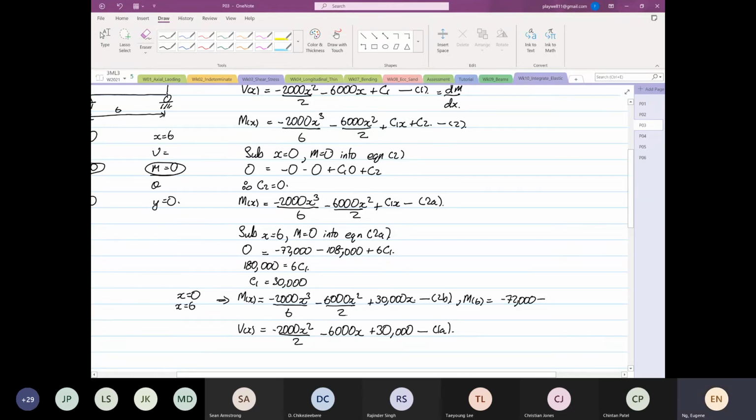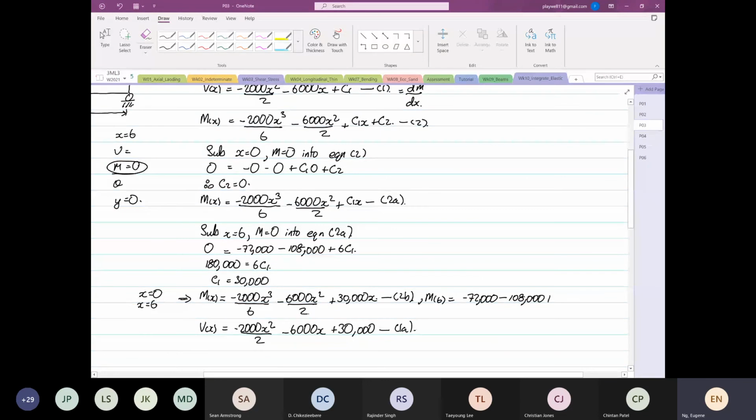And then minus 6,000 times 6 squared divided by 2, minus 108,000. And the final one is plus 30,000 times 6, equal to 180,000. So when you do everything, minus 72,000 minus 108,000 plus 180,000 is equal to 0.